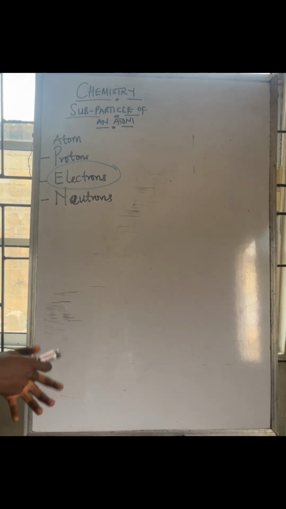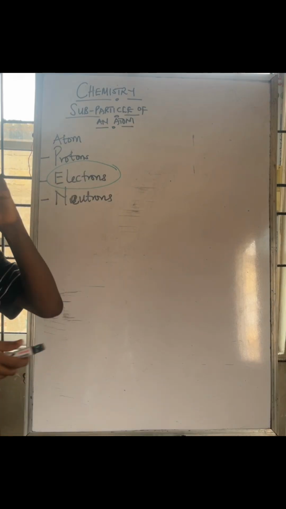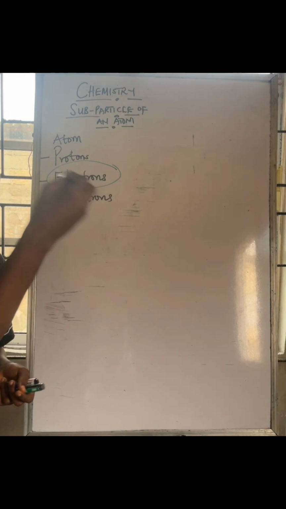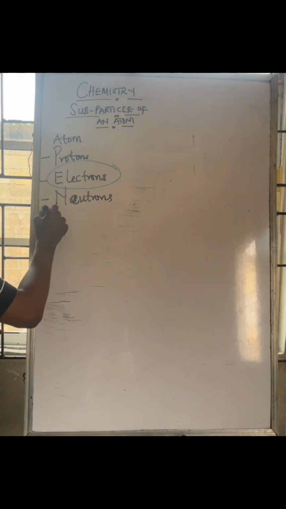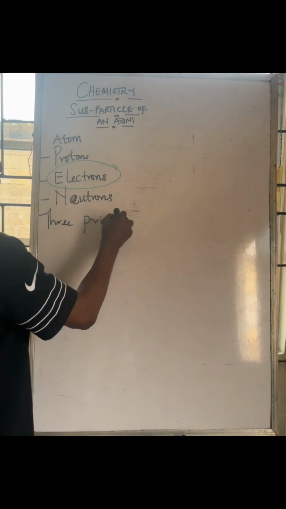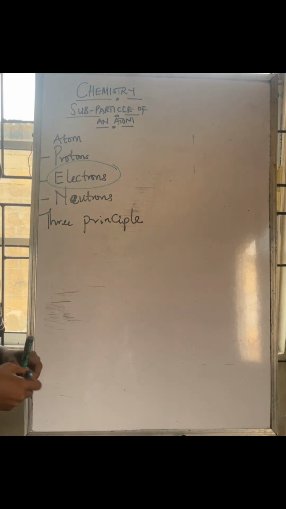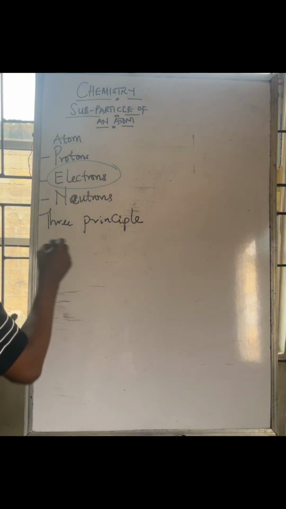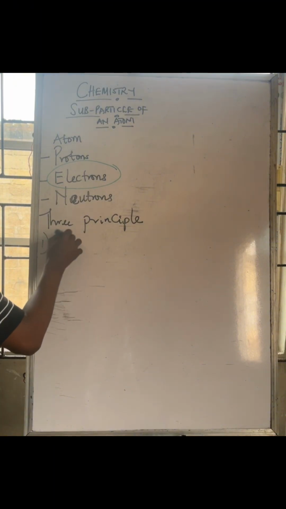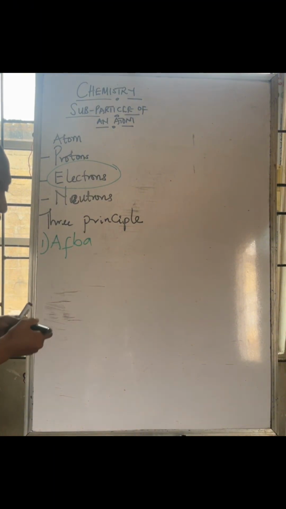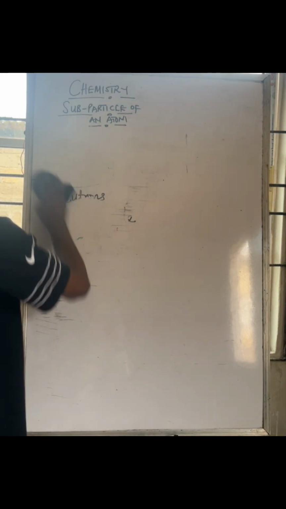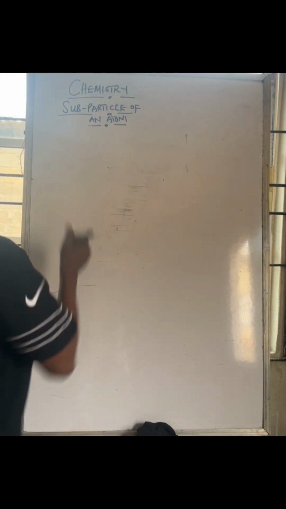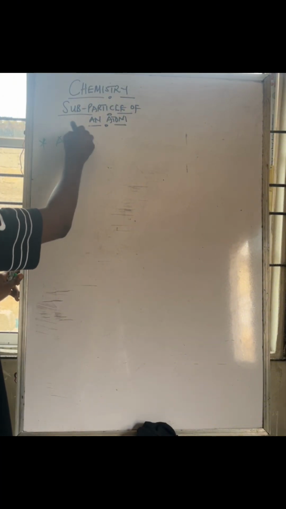Having said that, how do we get to know how electrons are arranged in orbitals? There are three basic principles to consider. The number one principle is called the Aufbau principle.